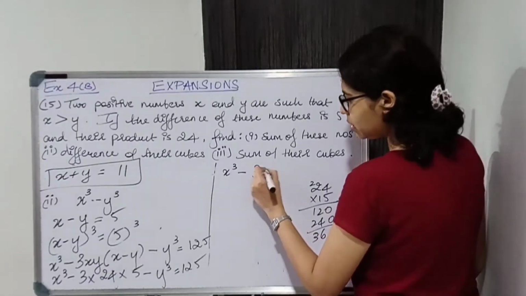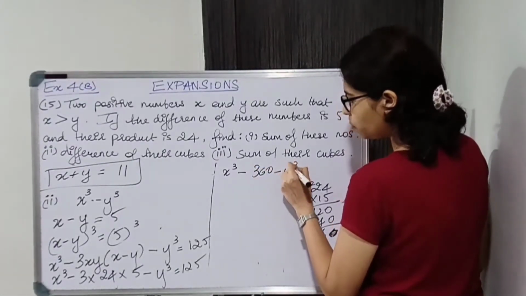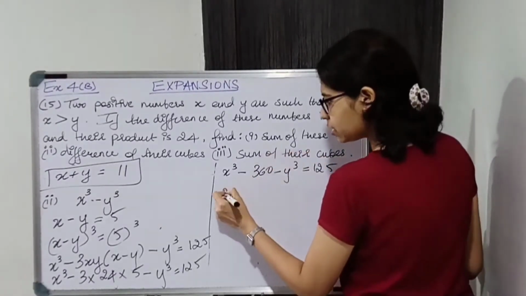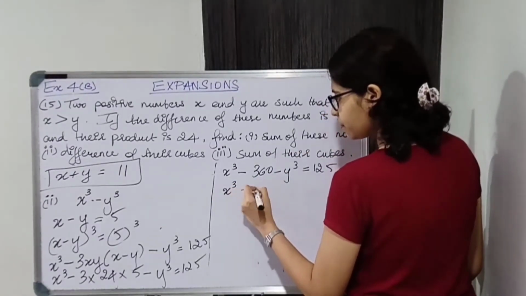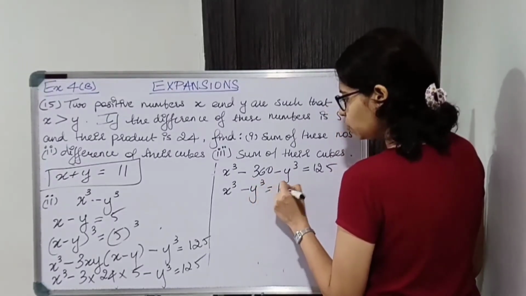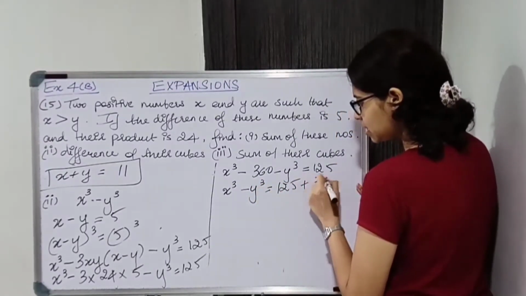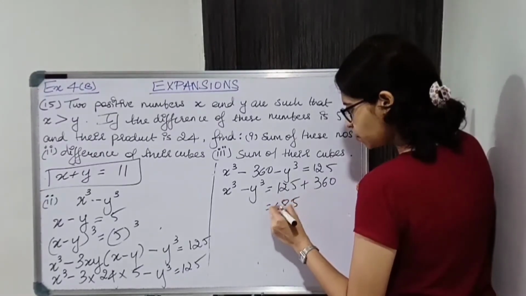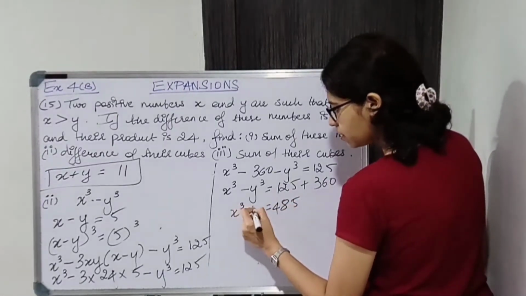Okay, so minus 360 minus y cube is equal to 125. We'll shift this to the other side, so x cube minus y cube is equal to 125 plus 360, this becomes positive, so this gives 485.